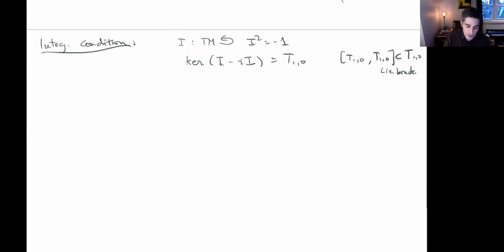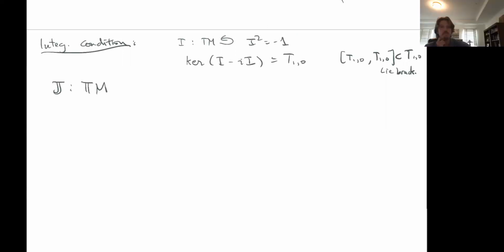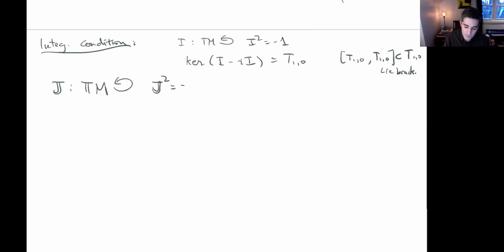Now let's do something similar. We have this complex structure on this larger bundle. We can take its plus I eigenspace, which I call L, and the minus I eigenspace is L bar.